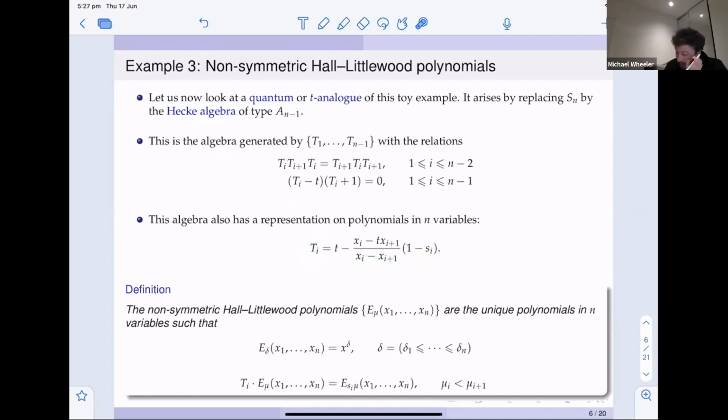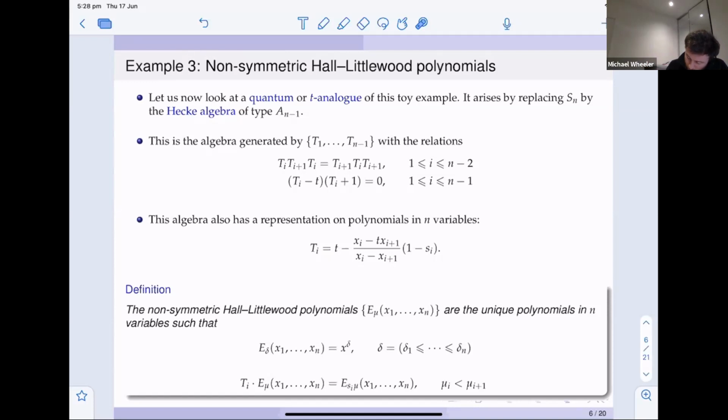Okay, so now let's play exactly the same game as before. We'll start off with our collection of balls, which we represent by some x monomial. And instead of acting on this with generators of the symmetric group, we'll act on this with the generators of the Hecke algebra. And if you do that, then you get the non-symmetric Hall-Littlewood polynomials. So they're a kind of quantum deformation of the example we just looked at before.